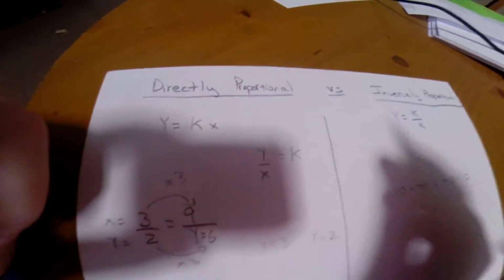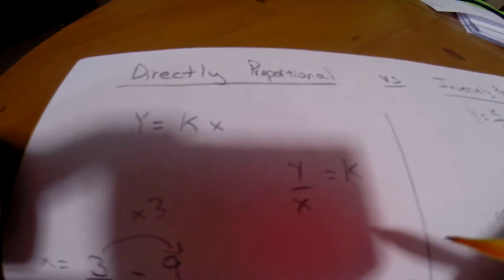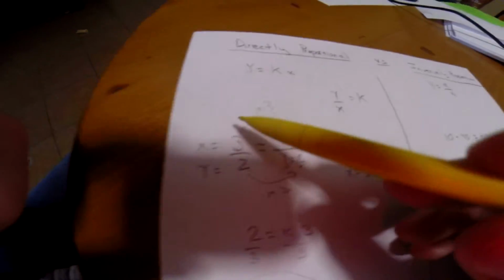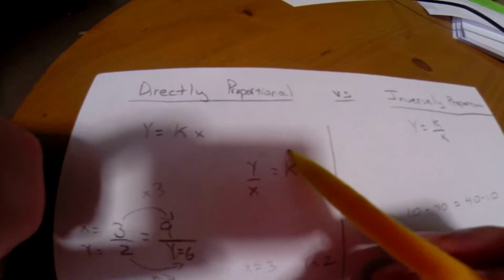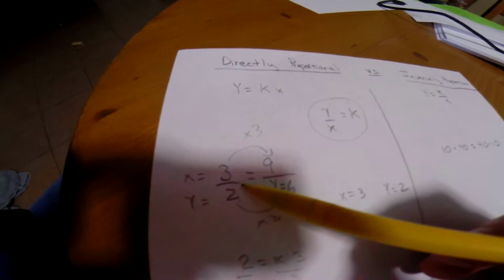Notice something here. If I solve just this for k, it would be k equals y over x, right? And what do I have here? I have x over y. So note that if I flip it, the word for flipping in math is reciprocal. If I take the reciprocal, I find this constant. And whether you do 3 over 2 or 2 over 3, this still stays the same.